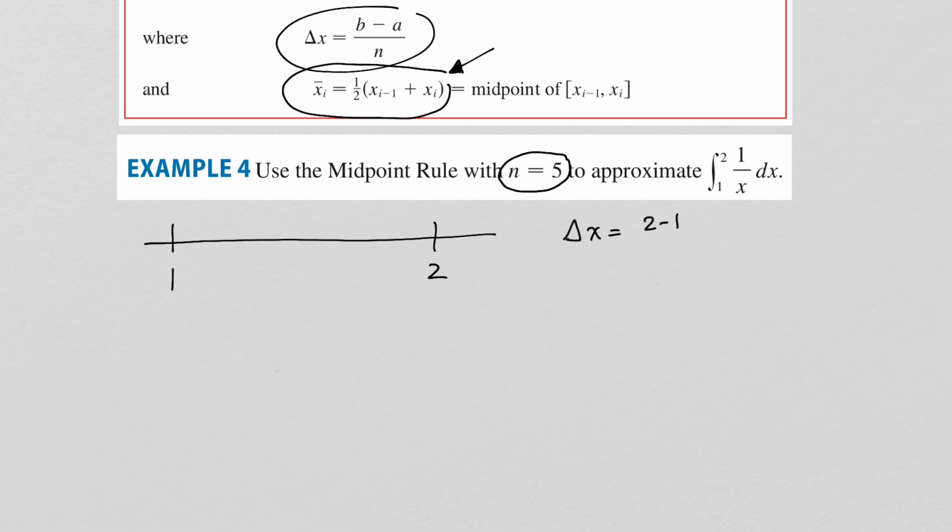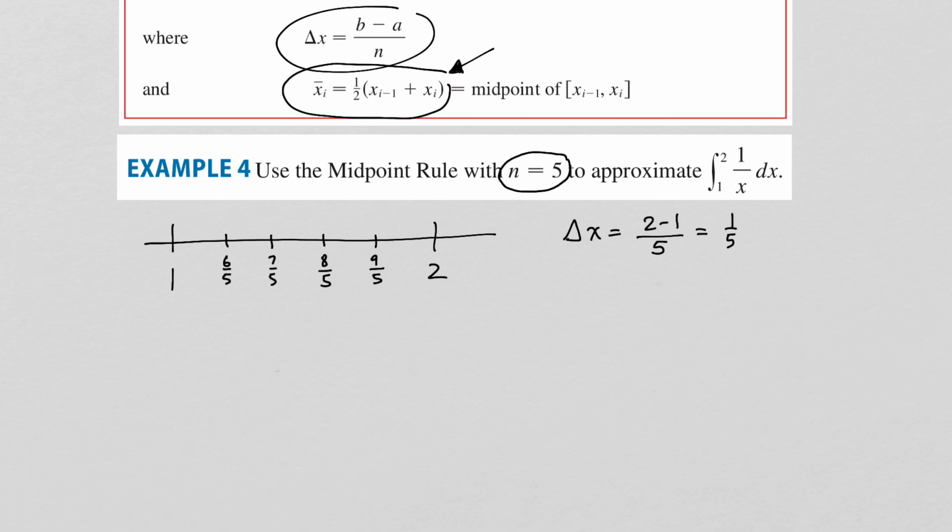Delta x is b minus a divided by n, so 2 minus 1 over 5, and that is 1/5. So on your number line here, we're going to go 1/5, so that would be 1 and 1/5, which is 6 over 5. Another 1/5 would be 7 over 5. Another 1/5 would be 8 over 5. Another one would be 9 over 5. And of course, the last one is 10 over 5, which is 2.